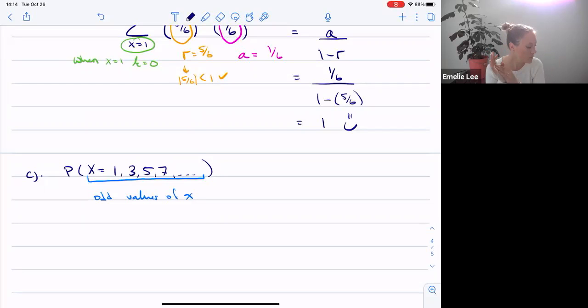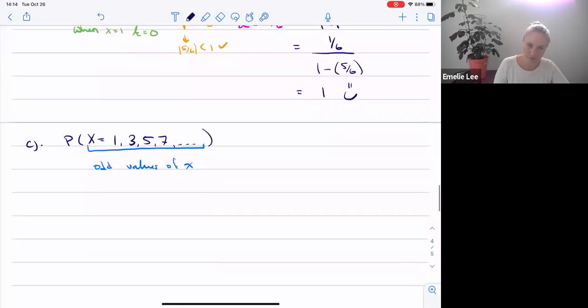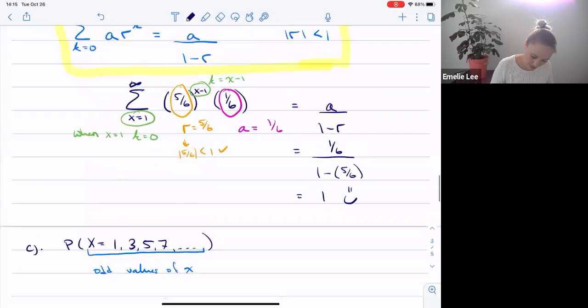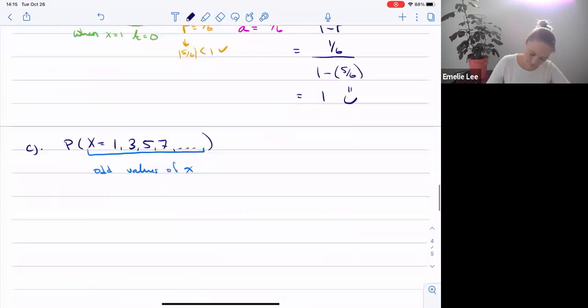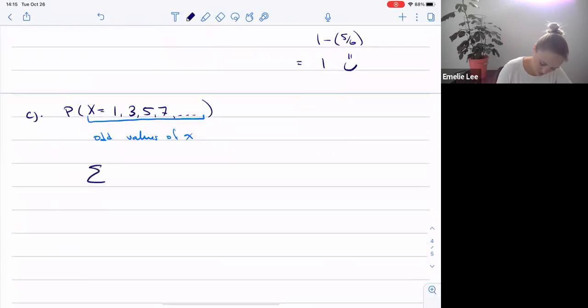Okay. So what that's going to look like is, let's see here. Odd values of x. Let me map back to here.